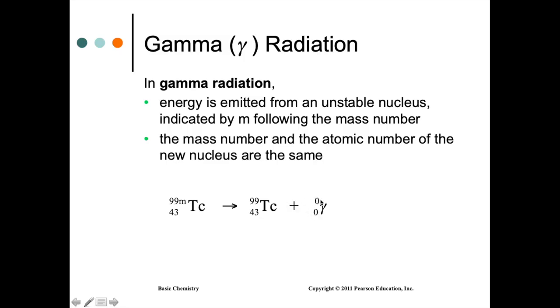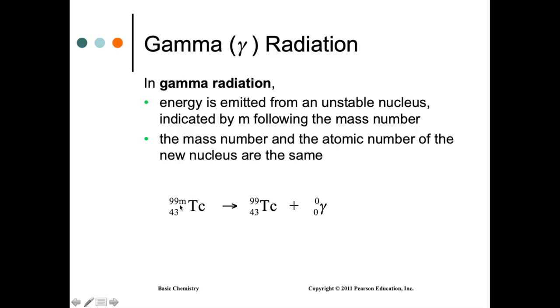You don't have a difference in the radiation we're spitting out. The mass numbers and atomic numbers are going to be the same. And of course, since the atomic numbers are the same, so is the identity of the element, right? So here we have an example of an unstable isotope of technetium, technetium-99, which still remains technetium-99 even though it undergoes gamma decay.